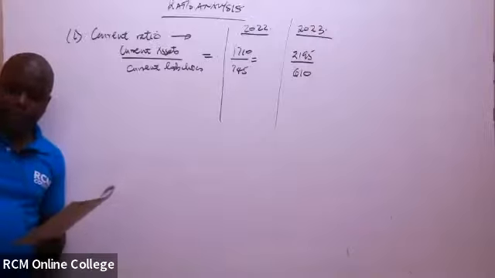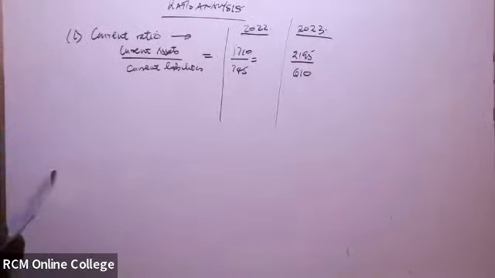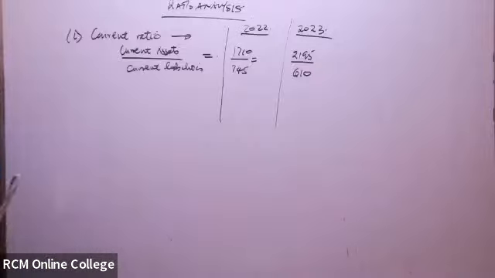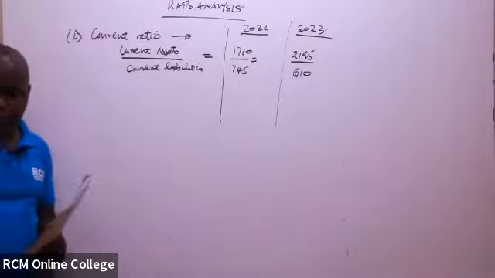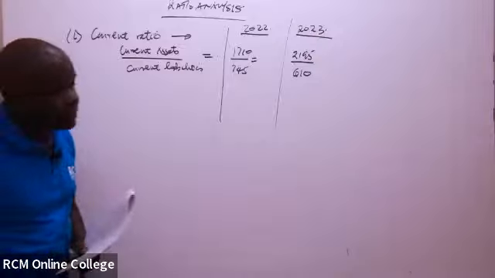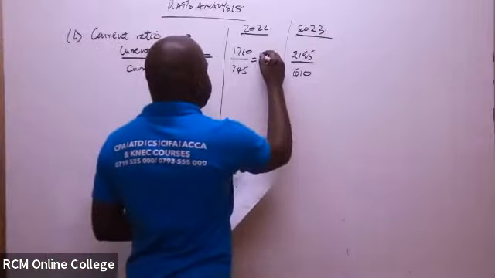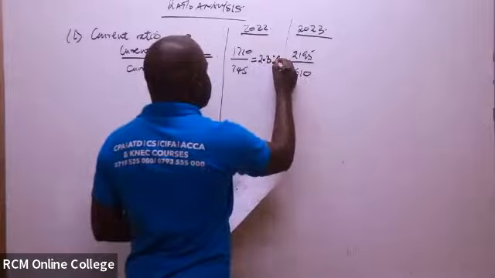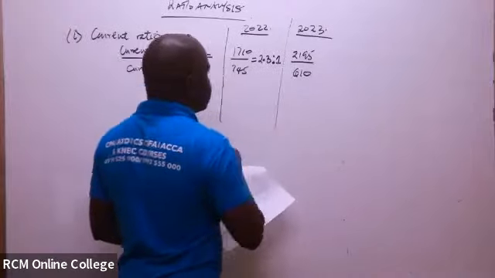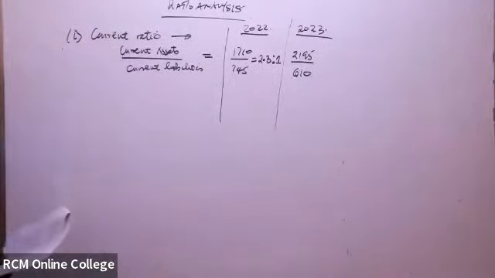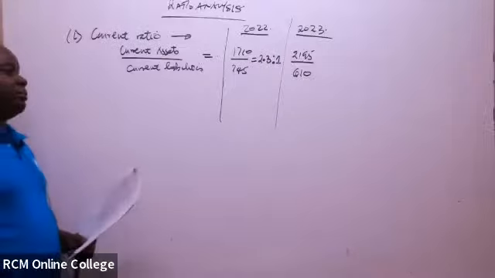So 1710 over 745, you get which figure? It is 2 point something, 2.293. We can round off to one decimal place, so we say 2.3. We normally say 2.3 is to 1. Then that other one will be 3 point something, 3.5.